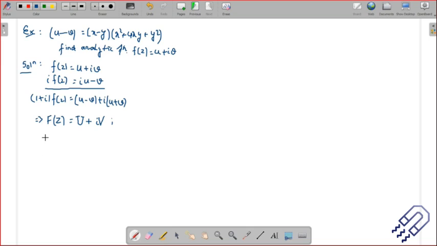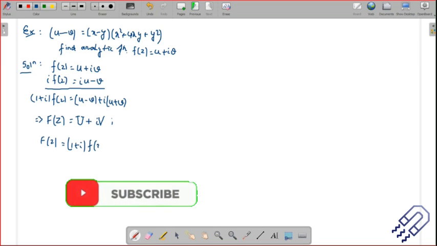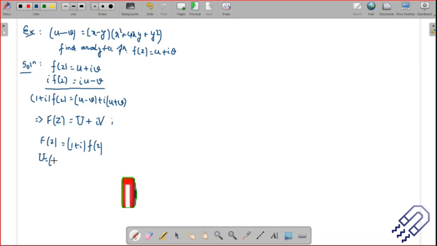It's very simple now. F(z) is equal to 1 plus i into f(z). Then capital U is equal to u minus v, and capital V is u plus v.